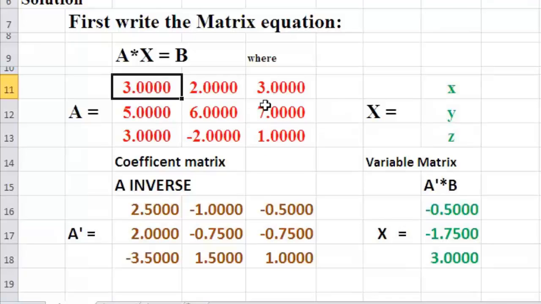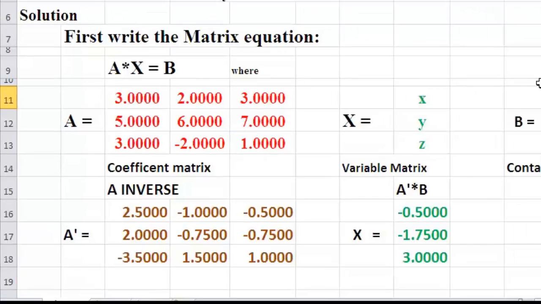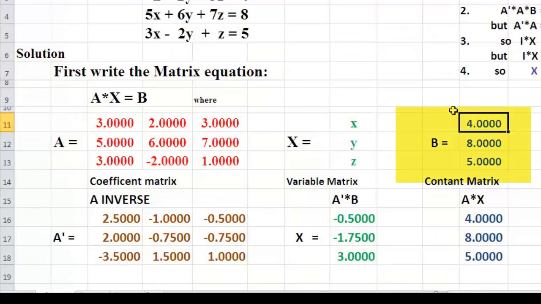And you'll notice, okay? I could change any one of the elements in matrix A, or could change any one of the matrix B. Let's say in the first equation was 3x plus 2y plus 3z is equal to 14.